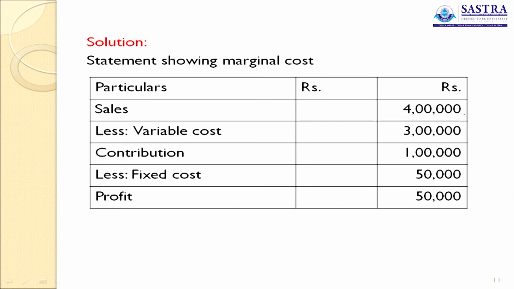So sales 4 lakh is given in the problem. Variable cost 3 lakh is also given. Contribution is the difference between sales and variable cost. So 1 lakh less fixed cost 50,000. So the profit is 50,000. Very simple. You apply this formula: sales minus variable cost equals contribution, minus fixed cost, this is profit.